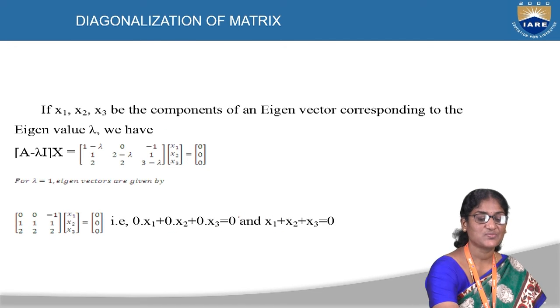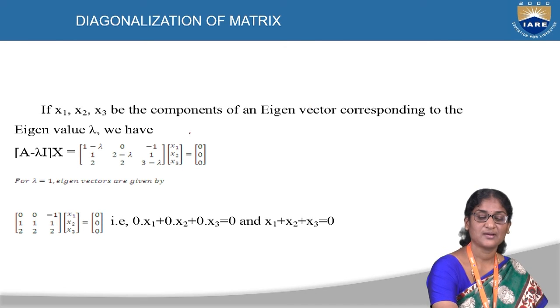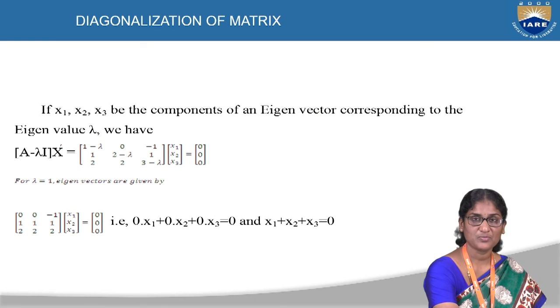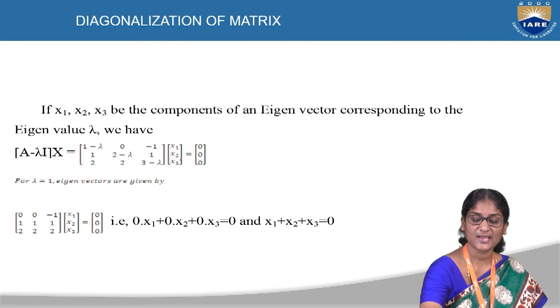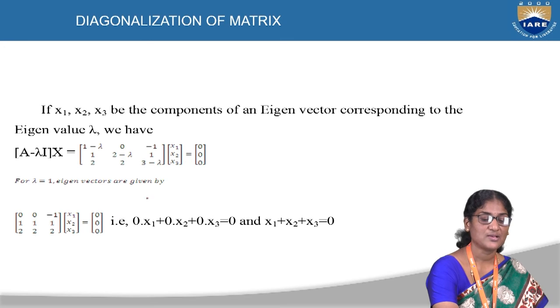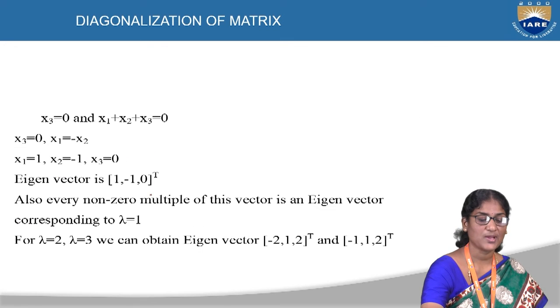So let x1, x2, x3 be the corresponding eigenvectors for the given matrix. We can find x by taking the matrix A minus lambda I, times x, equal to 0. Substitute the eigenvalues we have got, lambda equal to 1, 2, 3, and we get the eigenvectors x1, x2, x3.